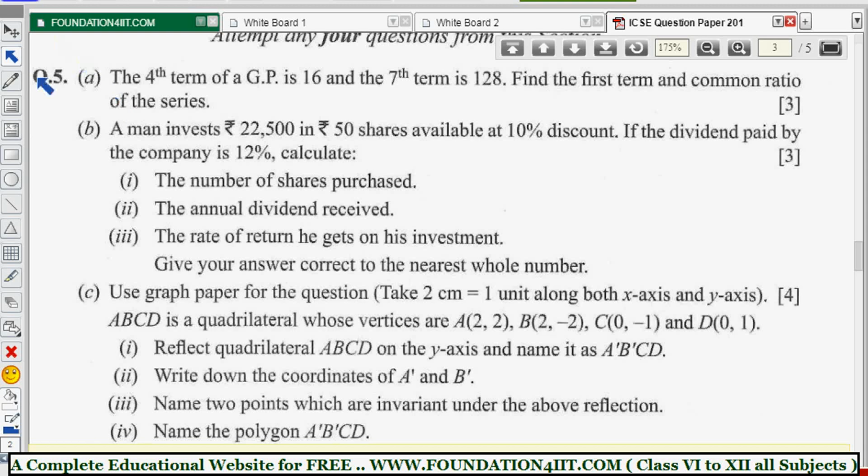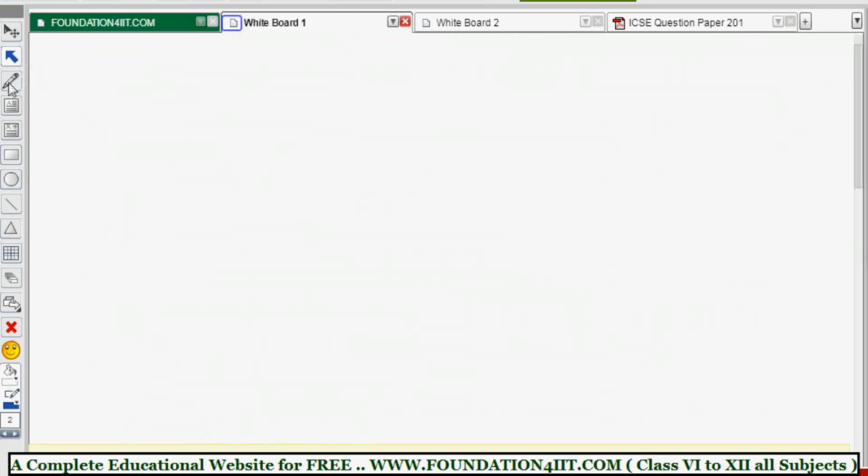So let us see question number 5 now. The fourth term of a GP is 16 and the seventh term of the GP is 128. Find the first term and common ratio of the series. Okay, this question is from progressions. If you see this given data, we will take first, question number 5a.